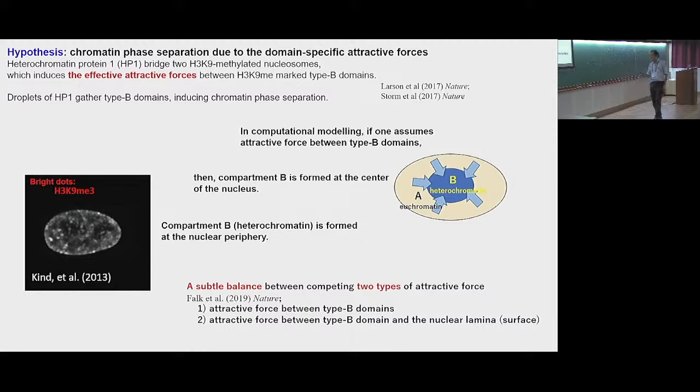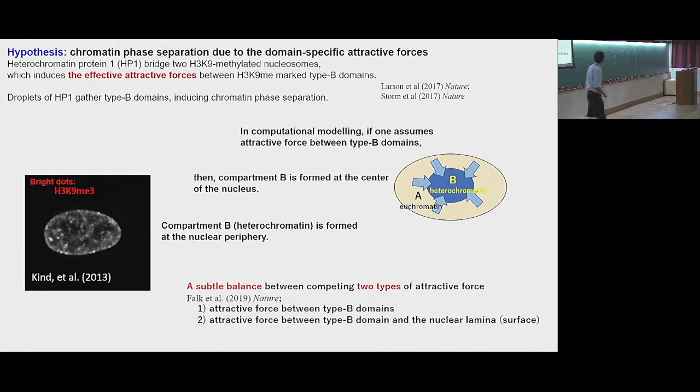So if there is an attractive force between nuclear lamina and type B domain, and if we achieve balance between them, then we can reproduce this observed structure. So this is the most widely believed hypothesis at present. People say like this in introduction or review papers.